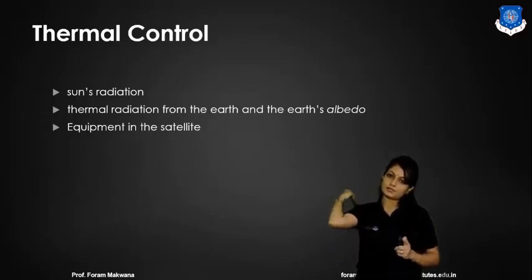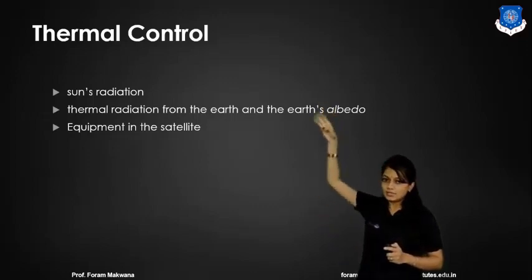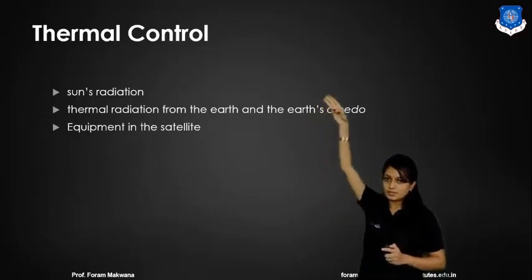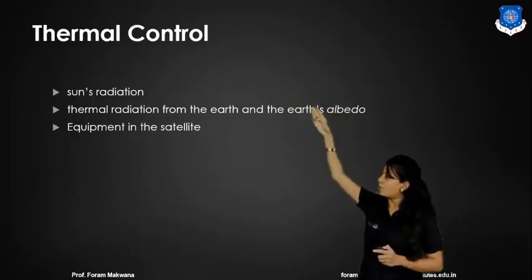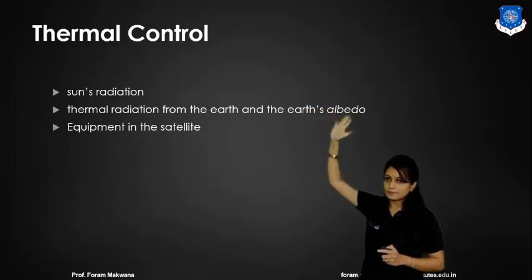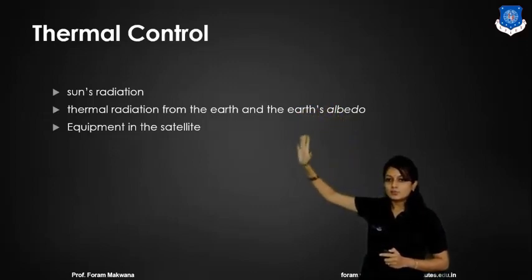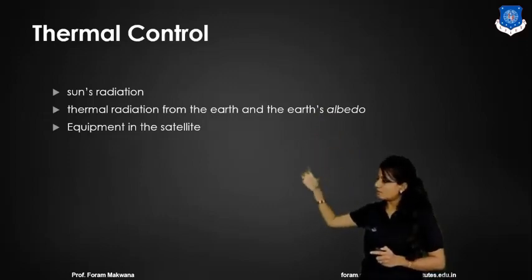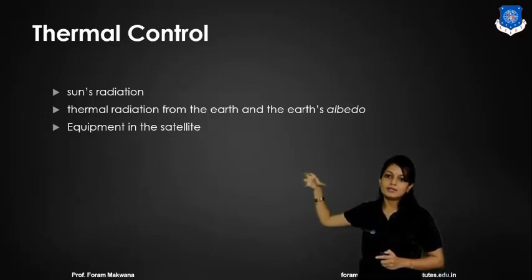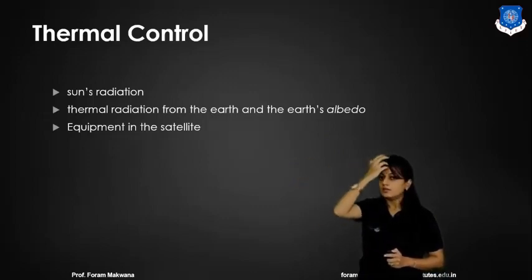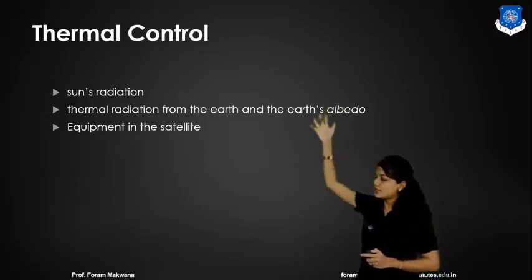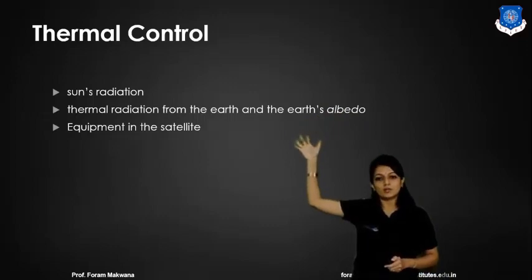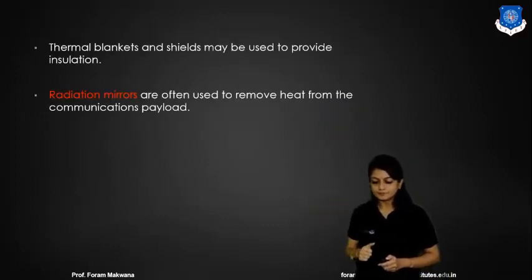So first, there are basically three reasons. The thermal control is required for the sun's radiation. Second, there is thermal radiation from the Earth. And third, because of the equipment inside the satellite. Okay? For these three reasons, we require thermal control. Right?